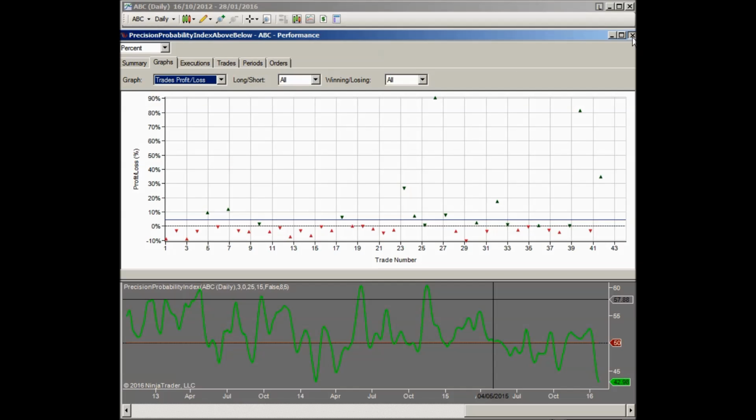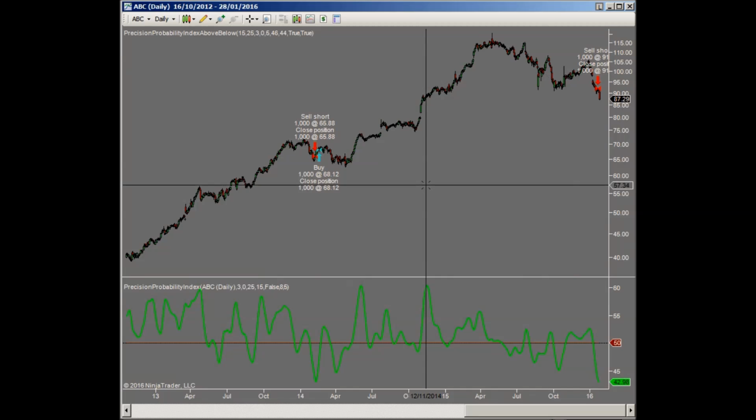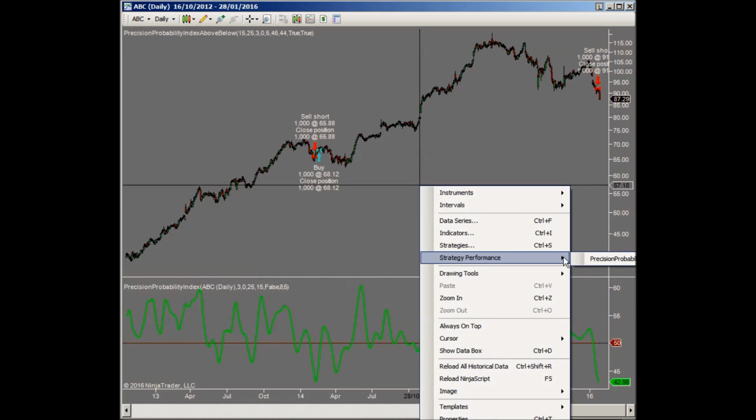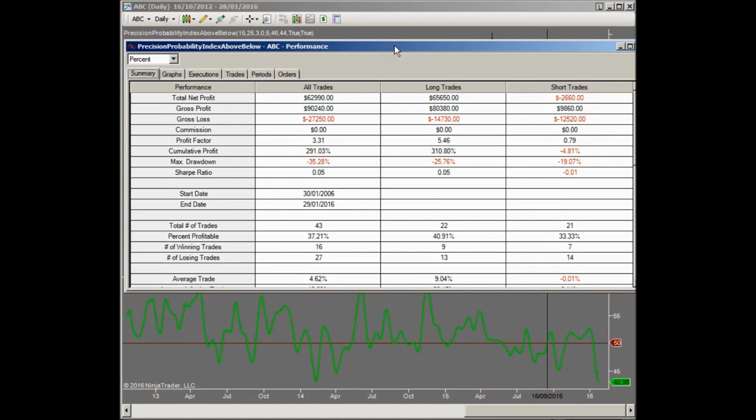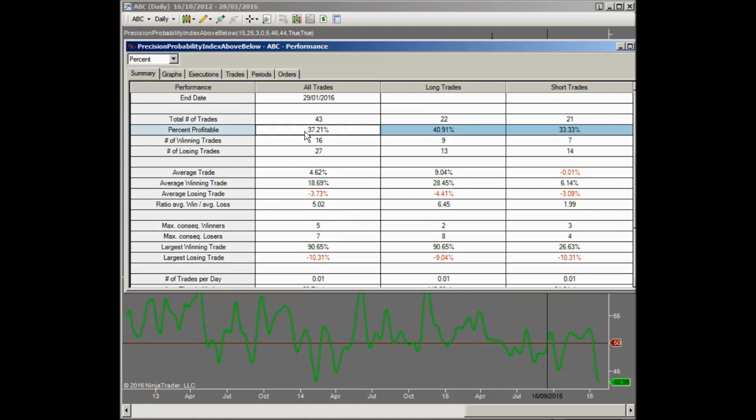Now I'm going to show you something else quickly. Just a useful thing to remember when you're looking at systems and strategies. The two important numbers for me, the percent profitable and the risk reward. So we've got 37.21 profitable and 5.02.